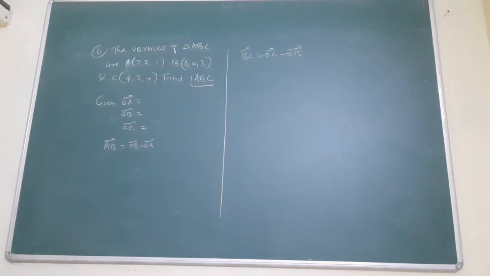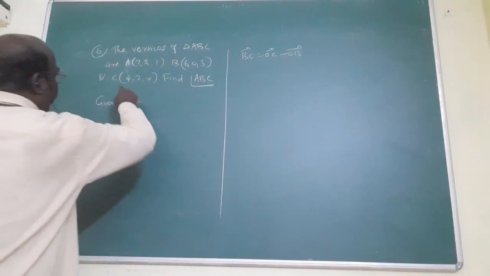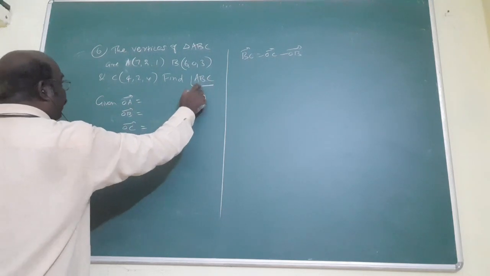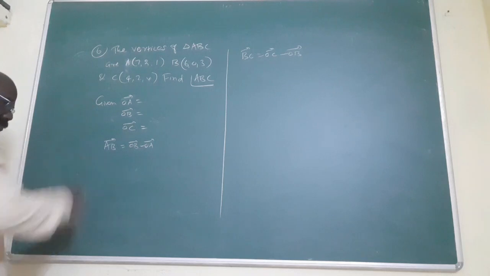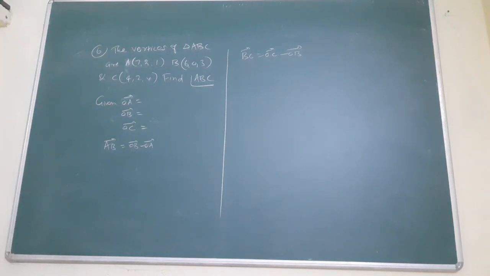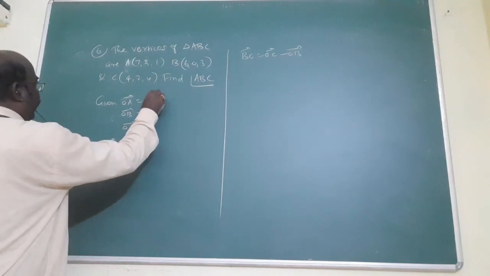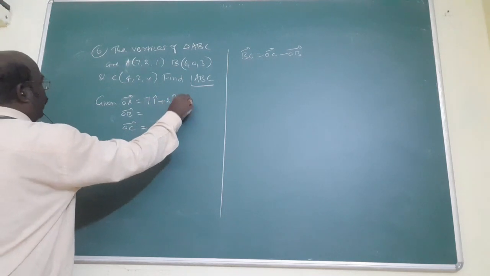Now question number 6 says the vertices of the triangle ABC are given. Find the angle ABC. That is what? Angle B is asked. In 11th standard I told you the vertices of the triangle are given as position vectors: OA, OB, OC, the points given as small a vector, small b vector, small c vector. But here the vertices are given as OA vector, that is, 7 i cap plus 2 j cap plus 1 k cap.